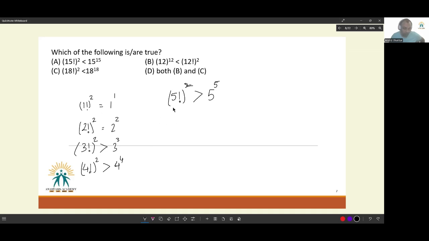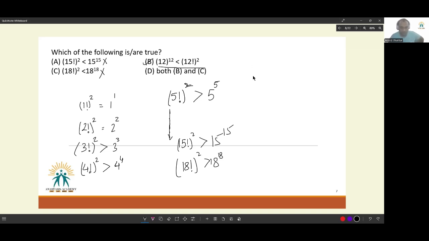And if this trend is going to continue, can I say 15 factorial square will be greater than 15 raised to the power 15? But this option says the reverse. Similarly, option C, 18 factorial square will be greater than 18 raised to the power 18, but this option says the opposite. This is the only option that falls in line with the trend that we have identified.